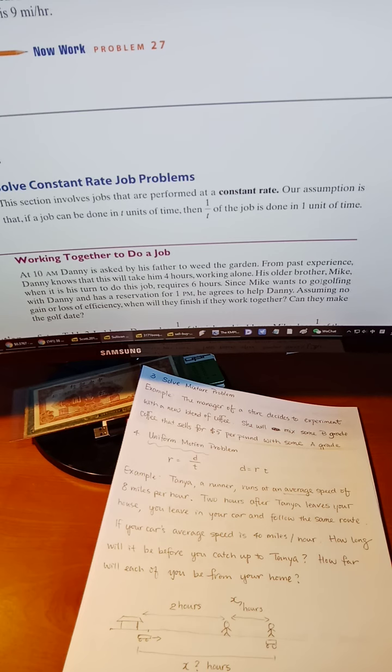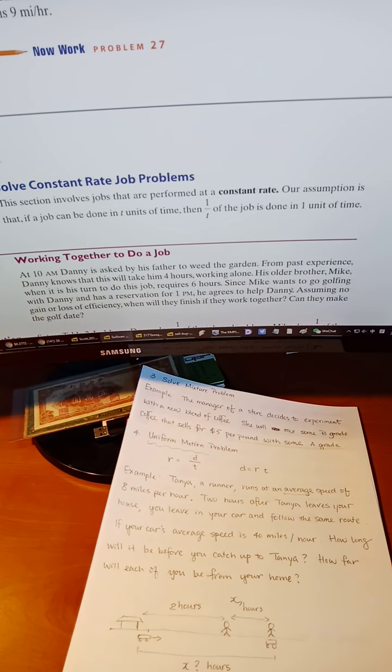And Mike wants to go golfing with Danny and has a reservation for 1 p.m. You see here, Danny needs 4 hours. 10 a.m. plus 4 hours is 2 p.m. So if Danny himself finishes this job, then Danny and Mike cannot catch the reservation, right? So Mike agrees to help Danny.